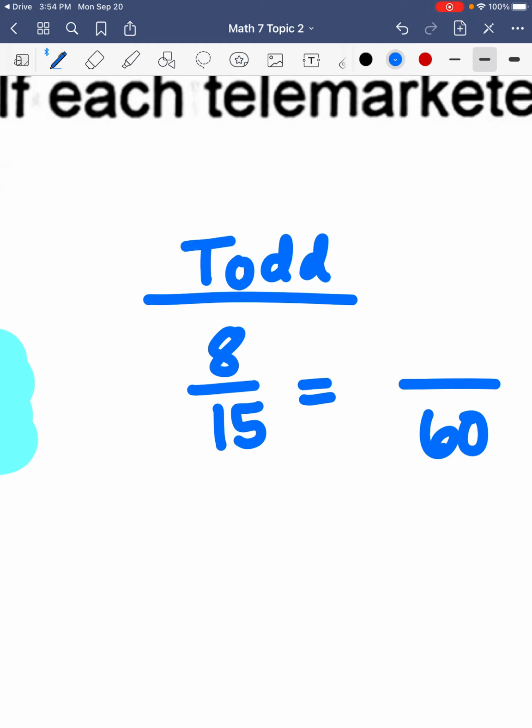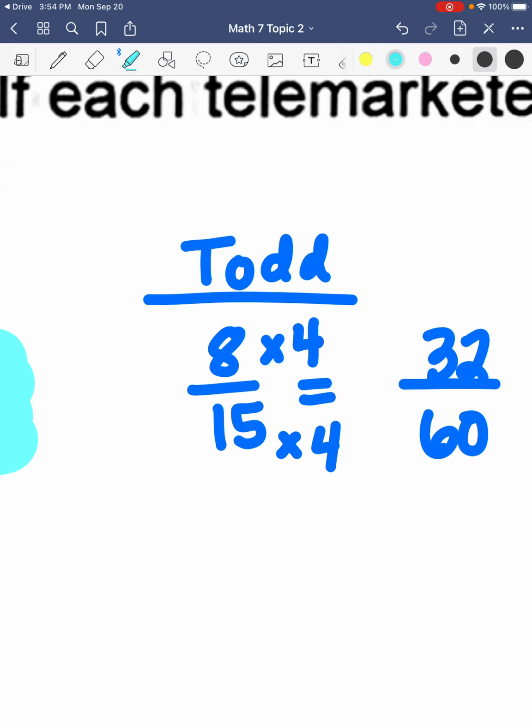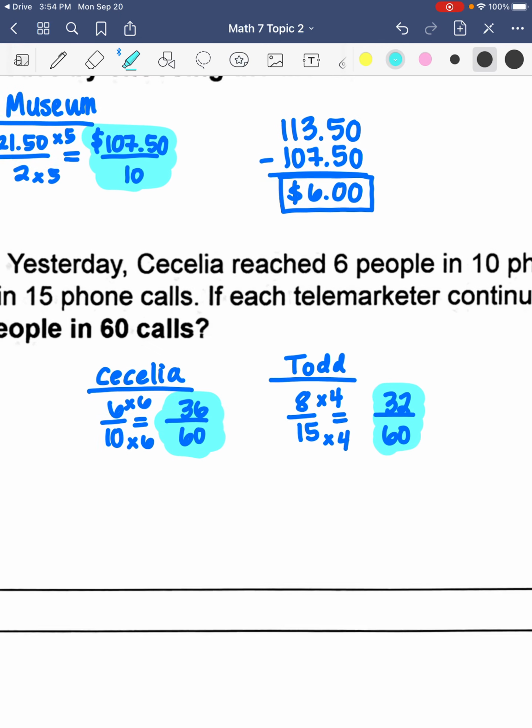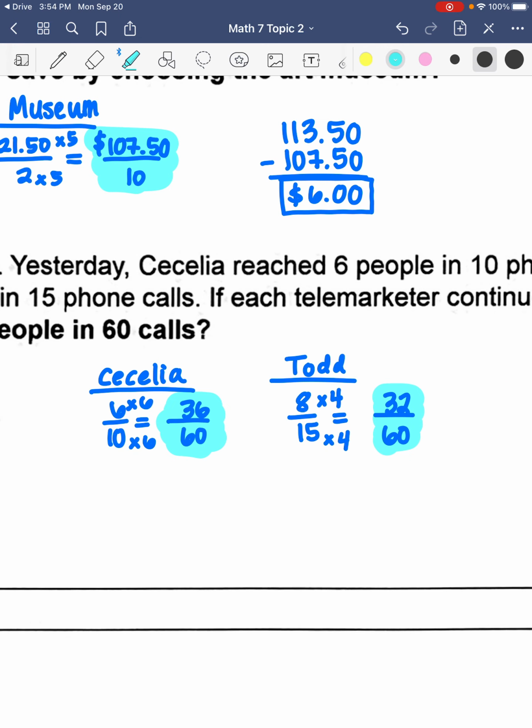So how do I go from 15 to 60? What am I multiplying by? I'm multiplying by 4, exactly. So I'm going to do the same thing on the top as well. 8 times 4 is 32. So if Todd continues at the same rate, he'll reach 32 people in 60 phone calls.